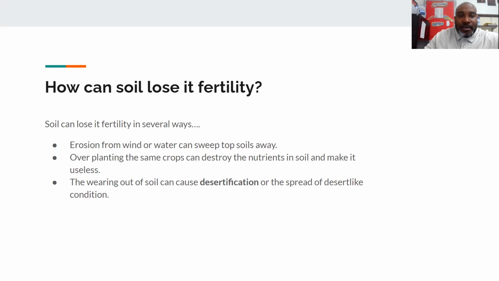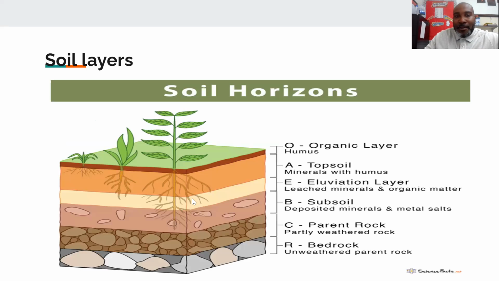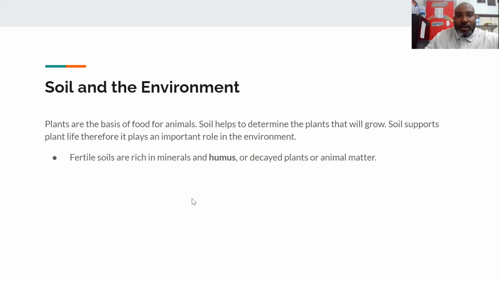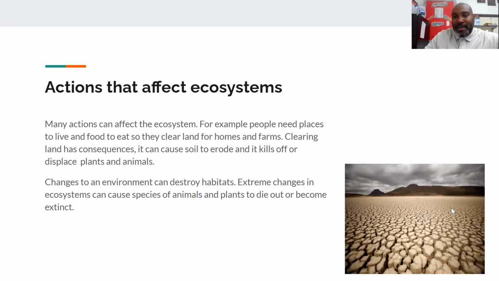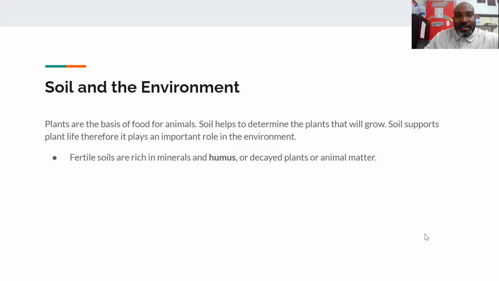The wearing out of soil can cause desertification, or a spread of desert-like conditions. And if we can go back, this right here is an example, a picture of desertification.